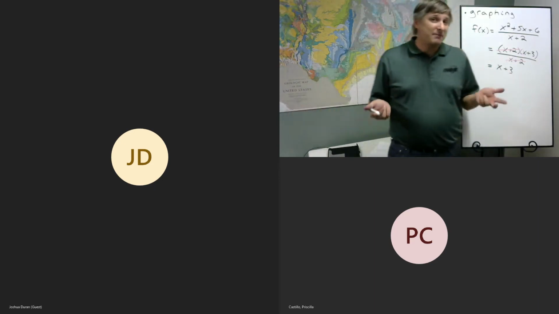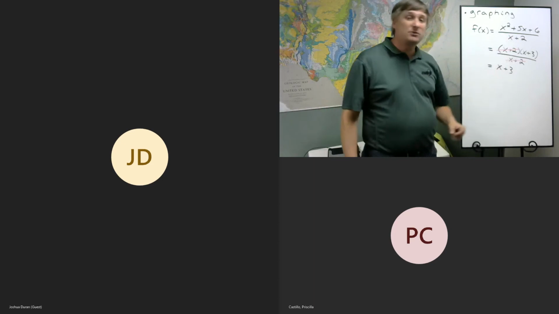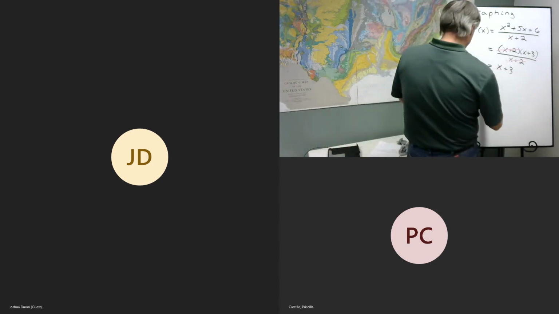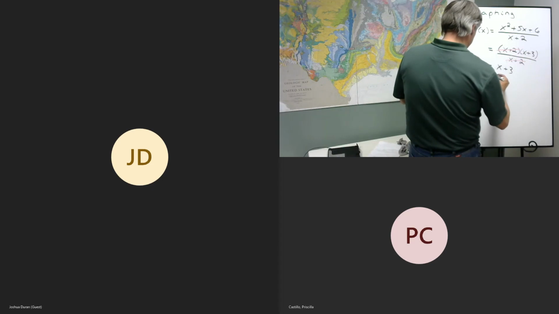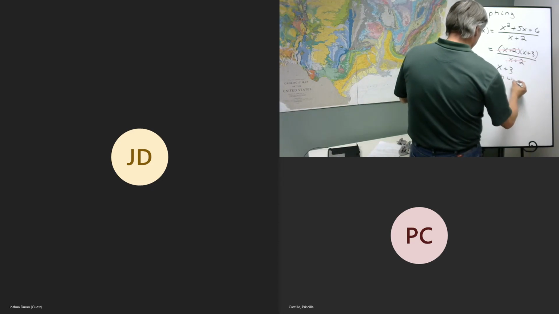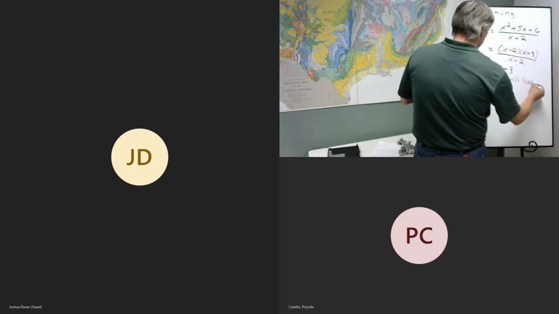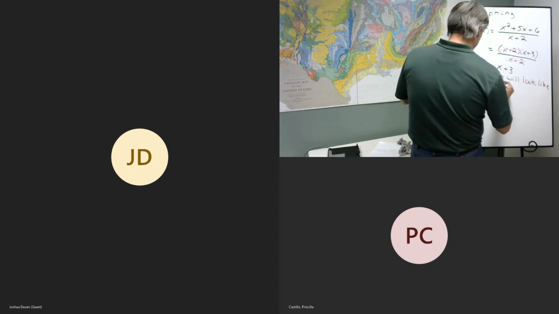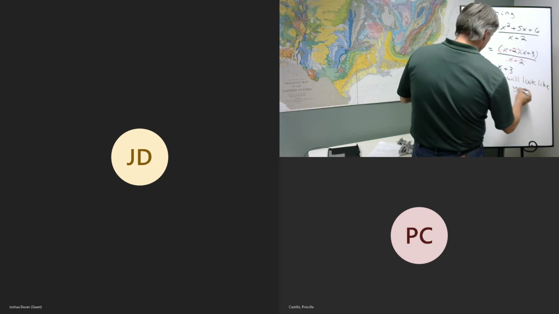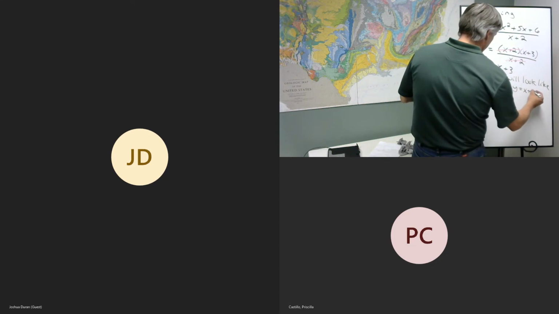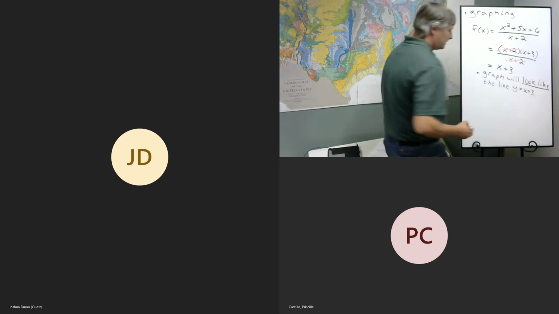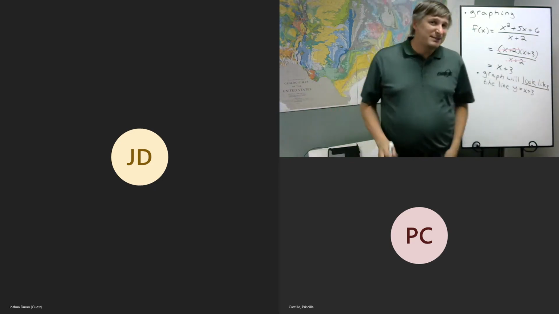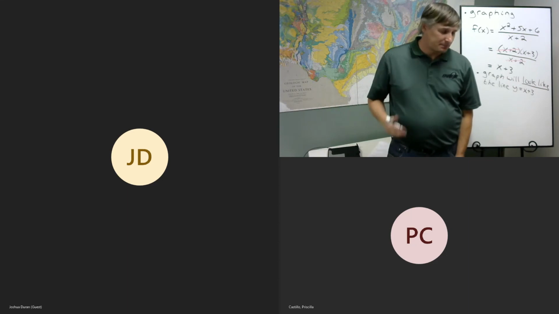So when we graph this, this simplifies into a line, x plus 3. The key phrase is it'll look like, but it won't be exactly y equals x plus 3.